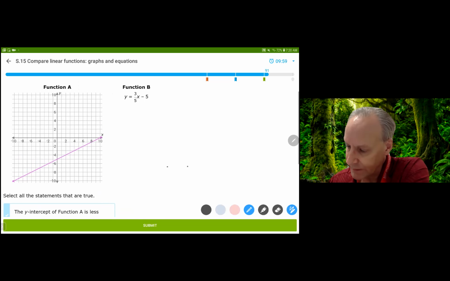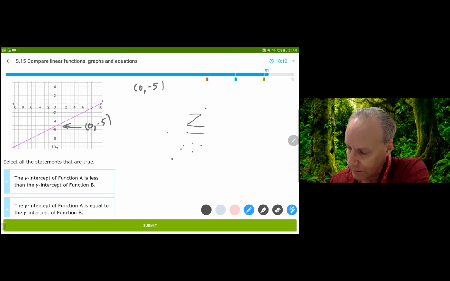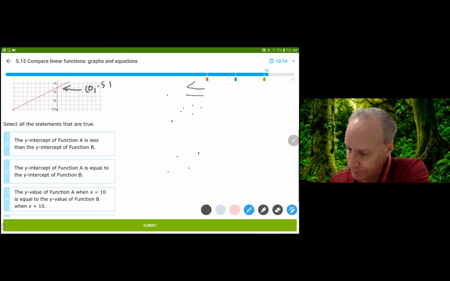Want to compare the y-intercepts. The y-intercept for this function is at 0, -5. The y-intercept of this function is 0, -5. Is less, is equal. So we want equal.